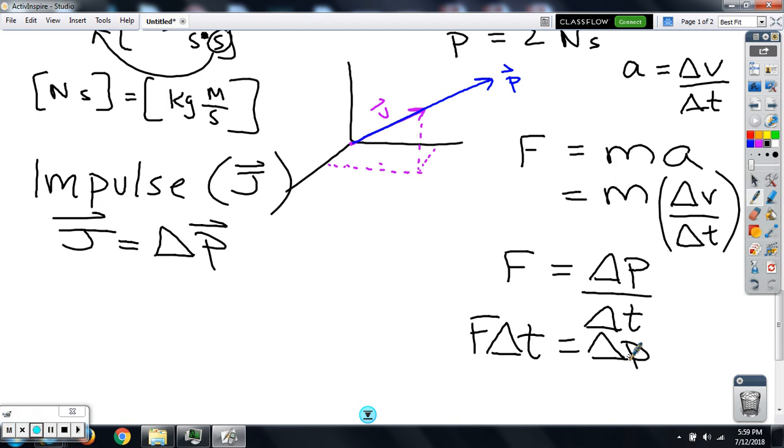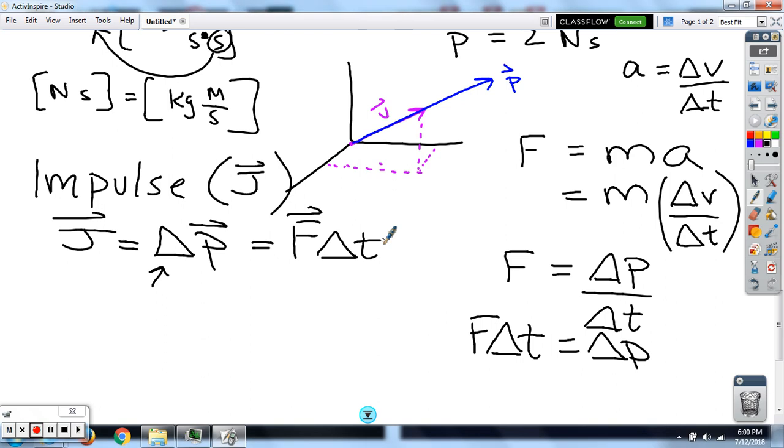According to this statement, delta p is what we have now defined as impulse. We can also write impulse as force times time. So the impulse that an object experiences is a force over a given time period.